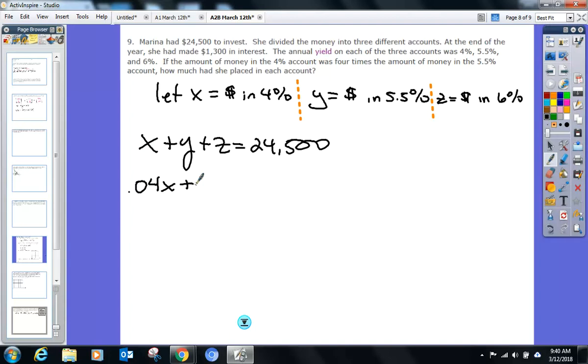Be careful. 0.055Y plus the 6%, 0.06Z, and she made total of $1,300 in interest off of those. And here's the part I get nervous about for tomorrow, the third equation.